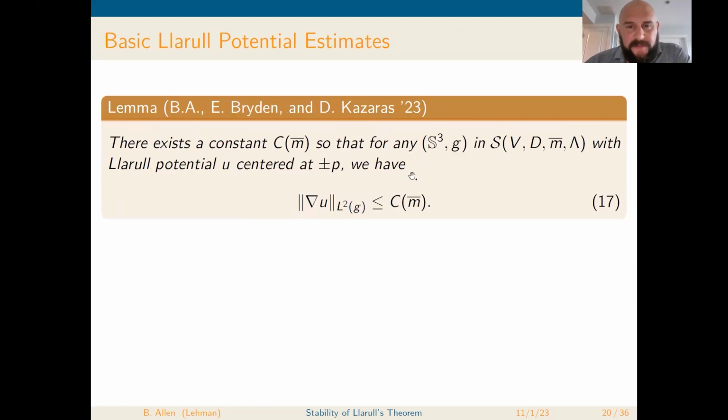Okay, now this estimate is not something worth spending a lot of time on, but we can show that for any metric in our class and Llarull potential, we can get this sort of L2 gradient estimate. The only reason why I mention this is because I want you to think for a second about the difference between studying Llarull potentials in the presence of a Ricci curvature lower bound and the difference when you don't have that, right?